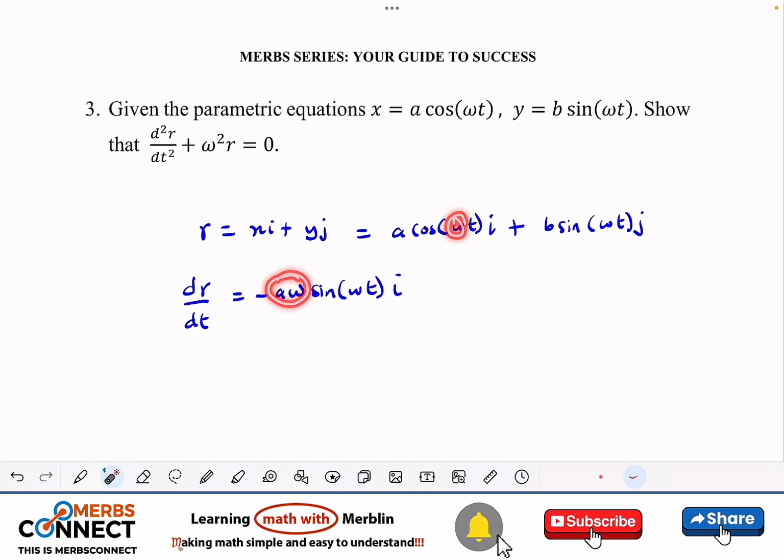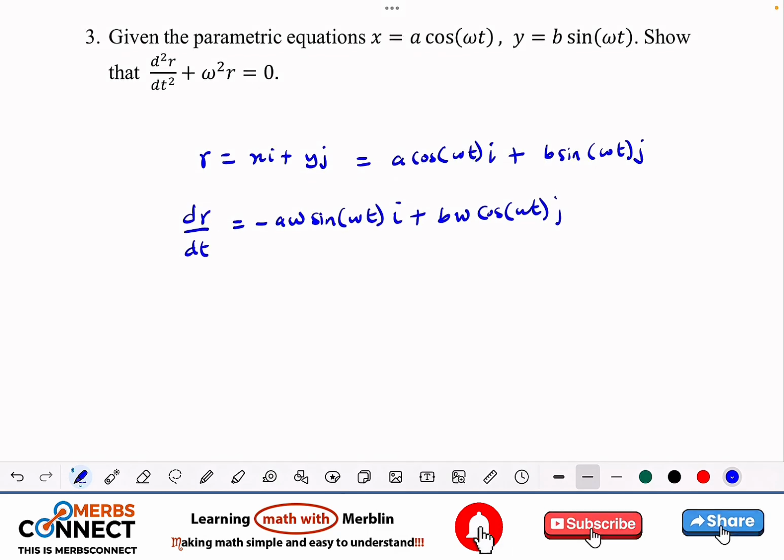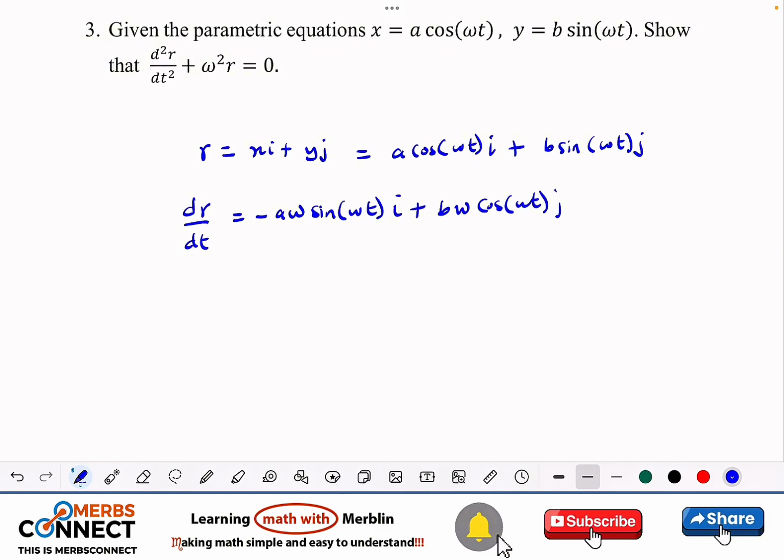So that's the reason why I have it here. Then plus, same here, differentiate sine, you are going to have this. Same chain rule there.